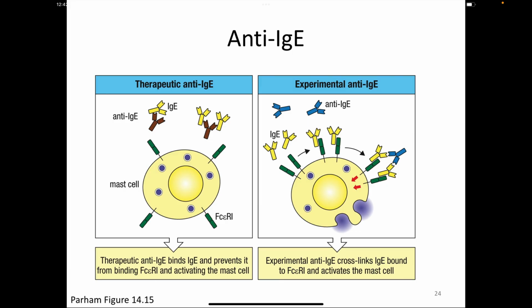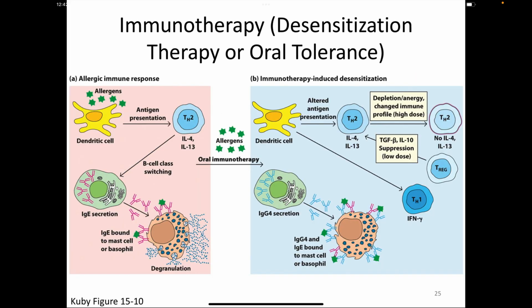The other big thing that is out there for treatment of different allergies is a situation where we try to induce tolerance. The problem here is you have too much immune response and we would like you to have tolerance. There are really two different angles of the same way that people can try to induce tolerance.